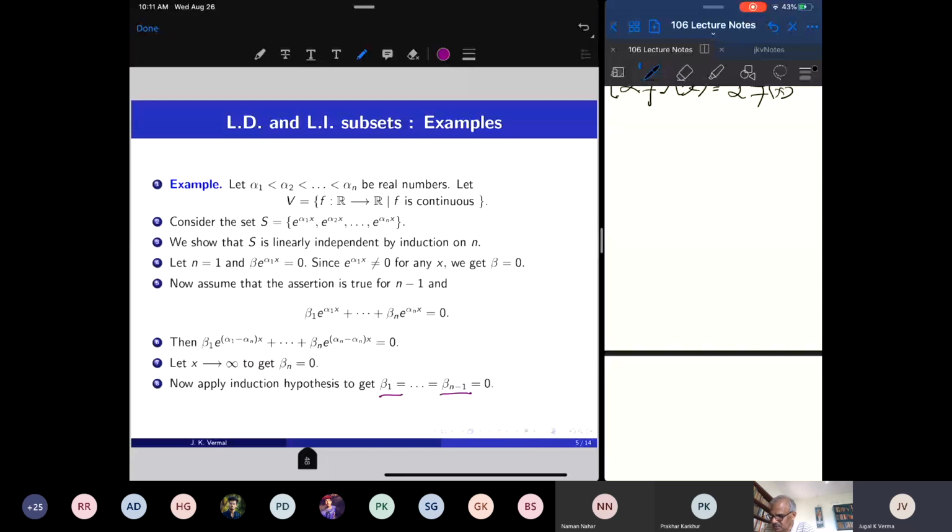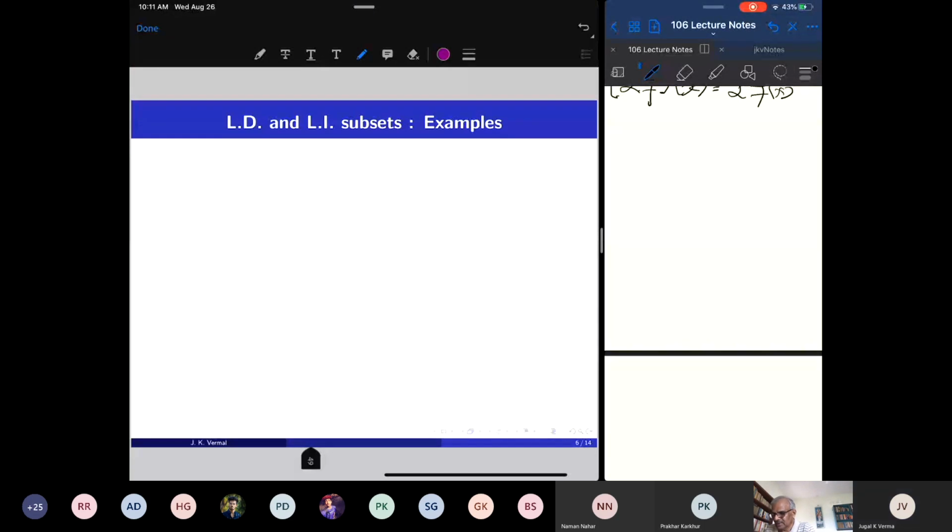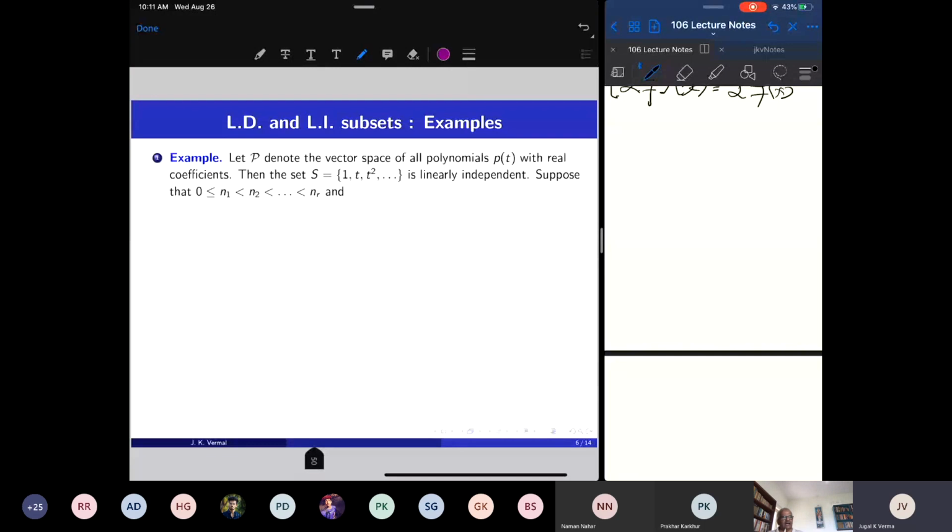Once all those βs are 0, I go back and substitute into this, I get βn e^(αn x) equal to 0, and that forces βn equal to 0.